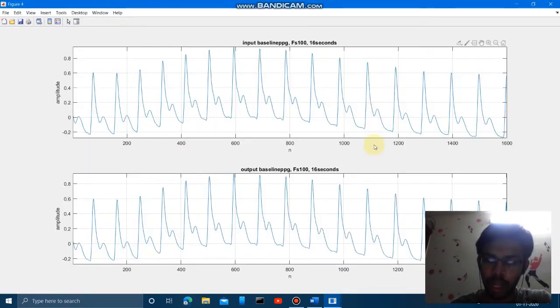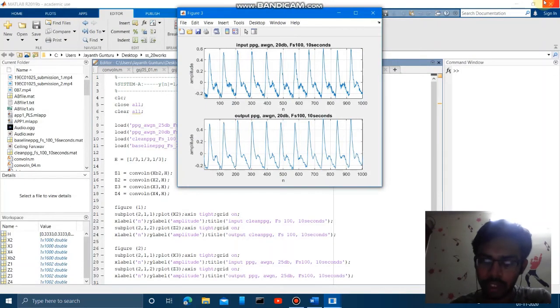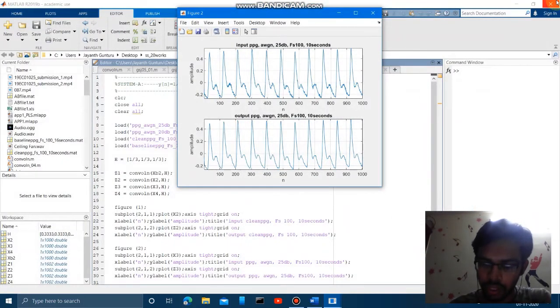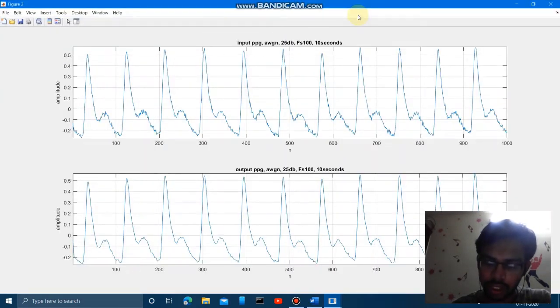for the baseline PPG, input and output look similar, as there are low frequency components, and the next is the PPG with 20 decibels. If we clearly observe, there is less noise in the output compared to the input signal, that is, the higher frequency is attenuated. And similarly for the 25 decibels, the higher frequency is attenuated.